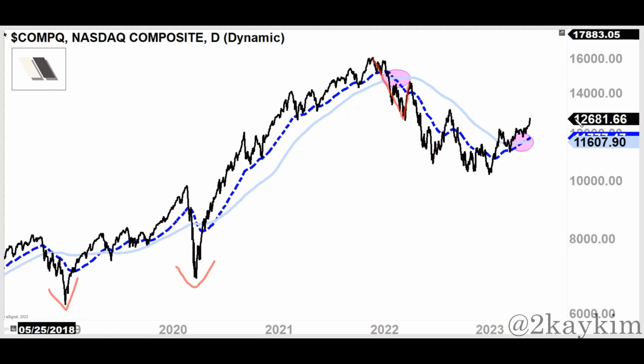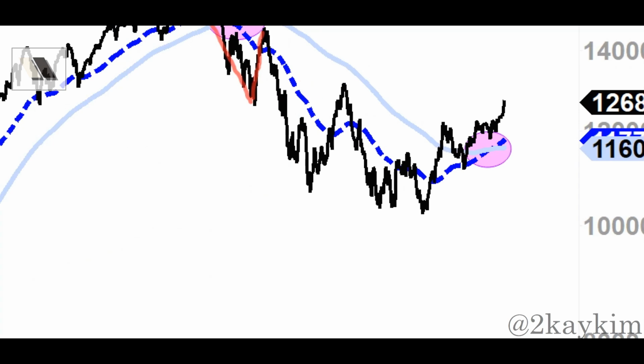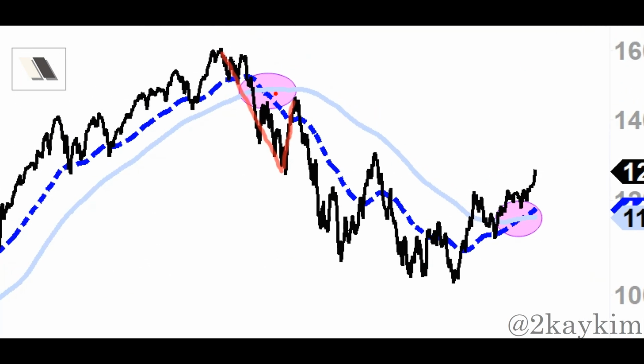And then what happened was, as you can see right here, for the first time since this entire decline starting in 2022, we have what is known as a golden cross here. You can see that my midterm moving average and my long-term moving average are crossing to the upside.